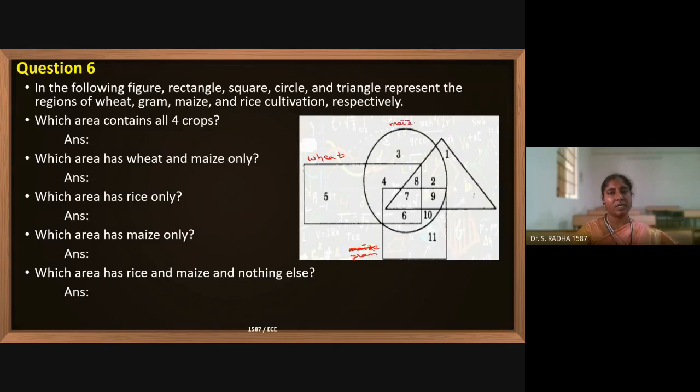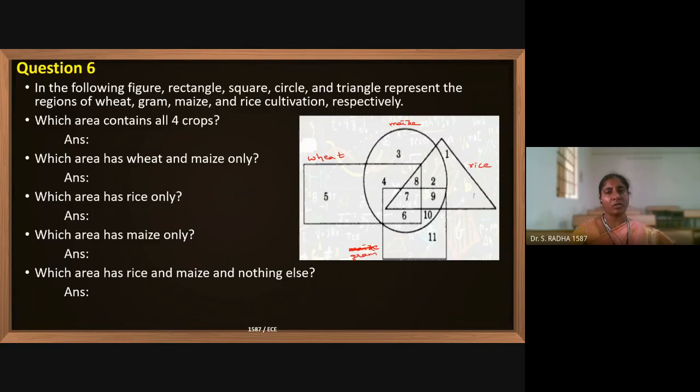And triangle represents rice. Now it is very easy for you. Which area contains all the 4 crops? Rectangle, square, triangle, circle, all the 4 regions. This 7 is covering all the 4.